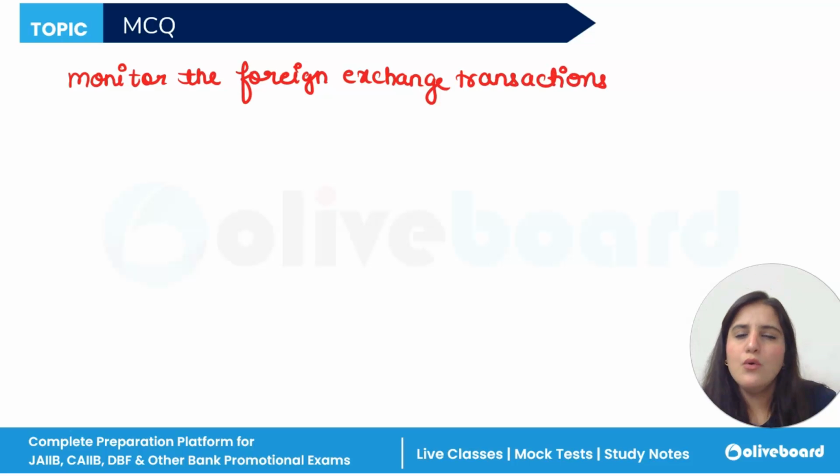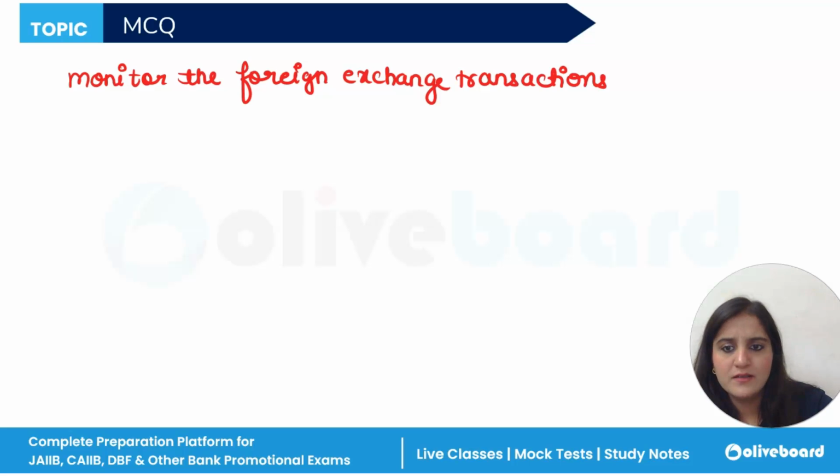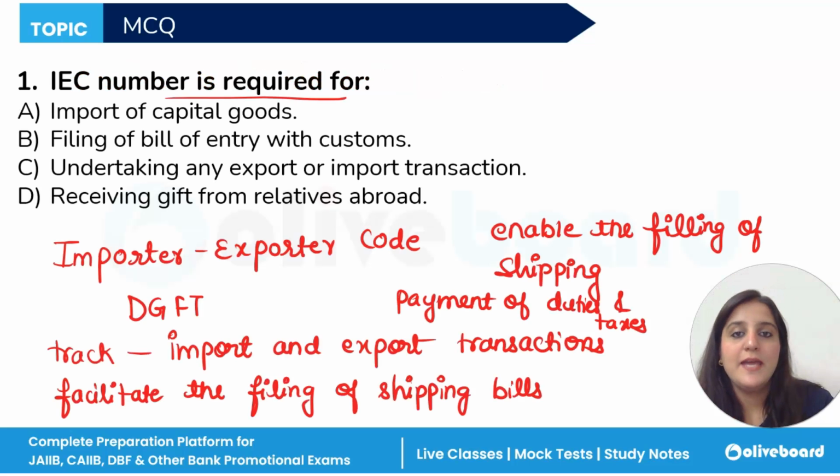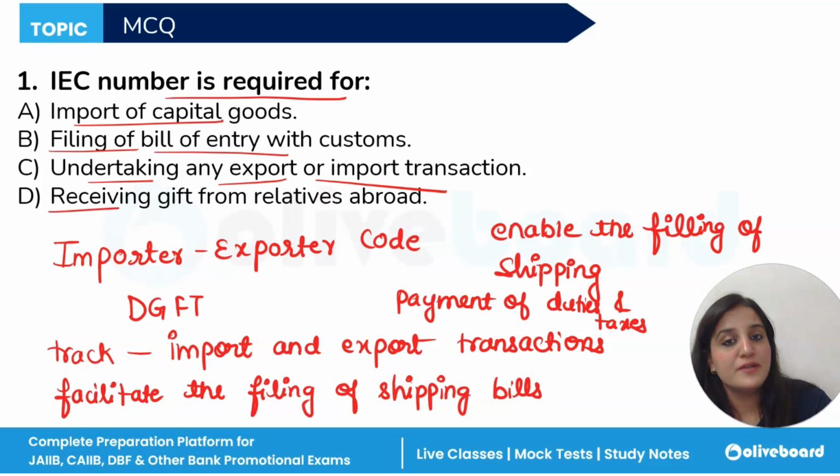Now, who needs an IEC? Basically, persons like importers, exporters, manufacturers who intend to export their products, and also service providers who receive payments from abroad. They need IEC. In the question, the given options are import of capital goods, filing of bill of entry with customs, undertaking any export or import transaction, receiving gift from relatives abroad.